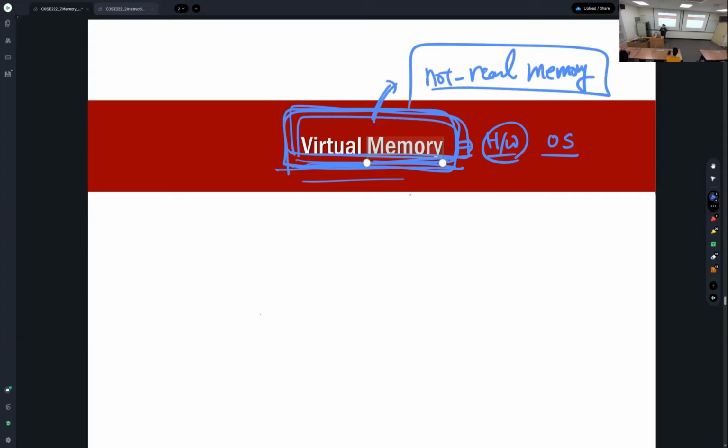Another reason is that if we use virtual memory, then software engineers do not need to consider memory management. So what does that mean?